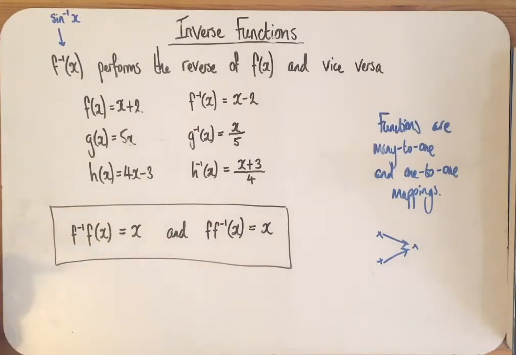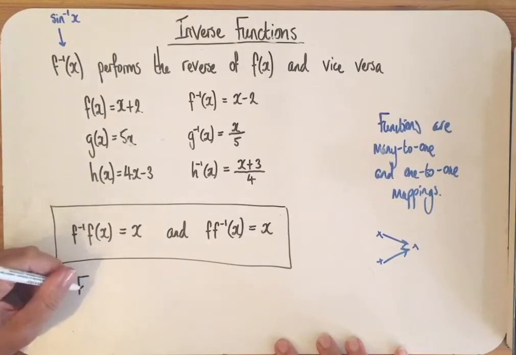So for a function to have an inverse, it must be a one-to-one mapping. That's quite important.